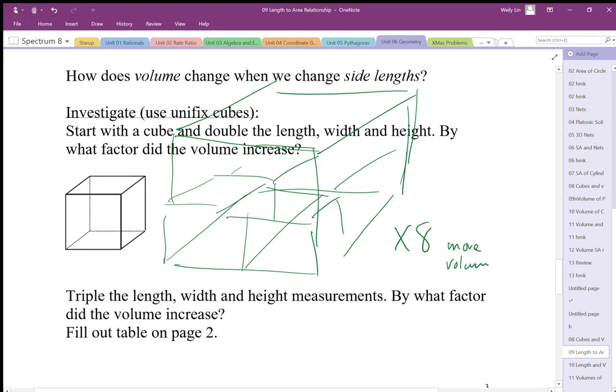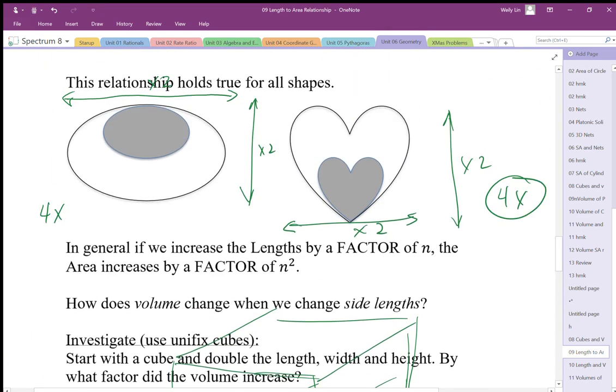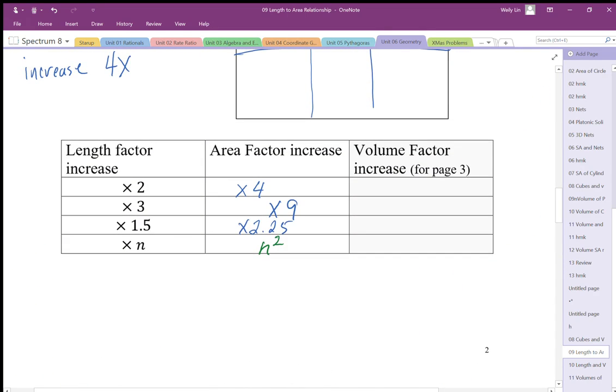So when we times by 2 this way, times by 2 this way, and times by 2 this way, we have 2 times 2 times 2, or 8 times, or 2 cubed more volume. Okay, so let's just write that into our table here. We double, we increase the volume by 8 times.